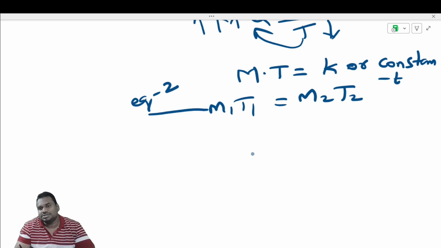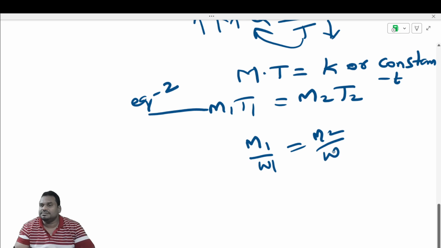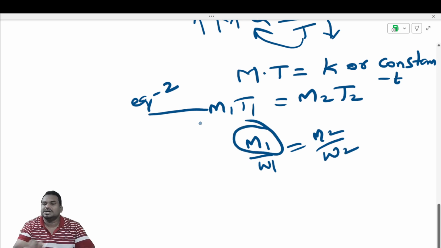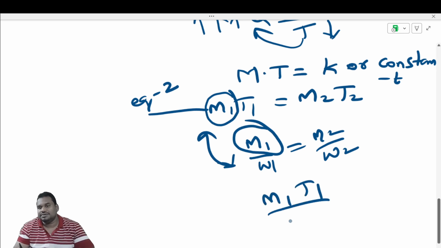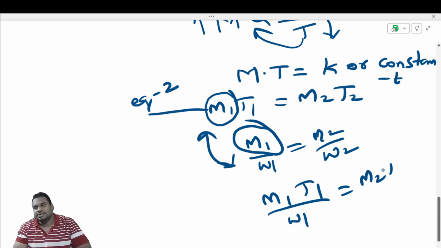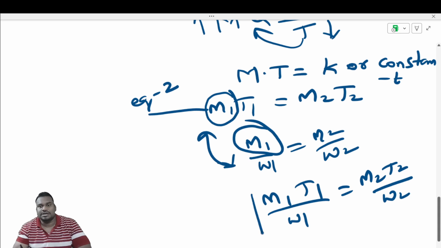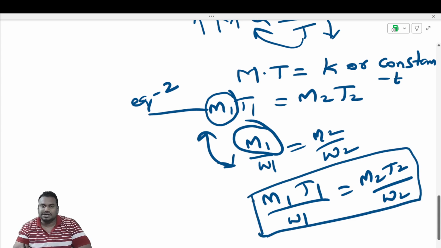See, I took the proportionality that M1 by W1 is equal to M2 by W2. If I include T and integrate both of them, then this proportionality will remain the same. Then M1 T1 by W1 is equal to M2 T2 by W2. Okay, so this is one equation which we got. Then you can name it as equation 3.